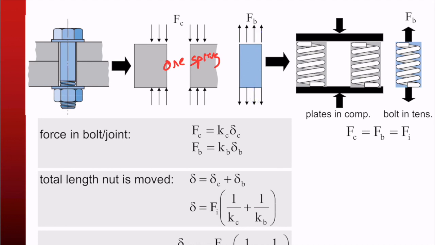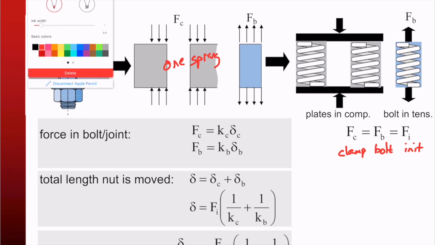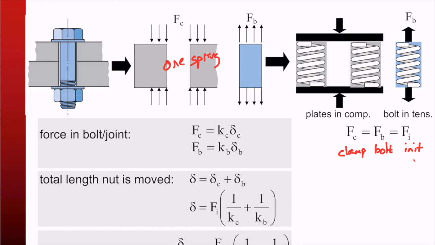So the clamping force, let's call this the clamping, and this is the bolt, that equals the initial. Right, so I've got the clamping force, the bolt force, and that's going to be equal to the initial tension, right? If we treat this as springs, the clamping force is the stiffness, right?